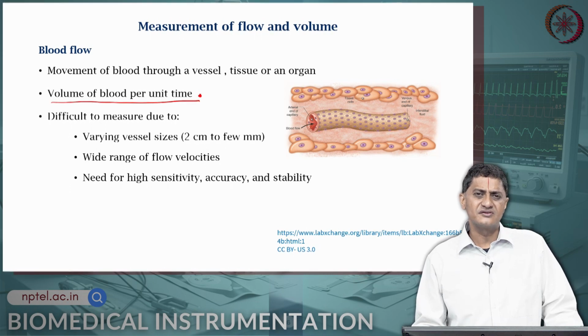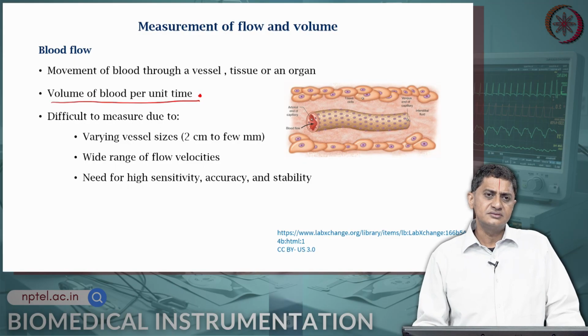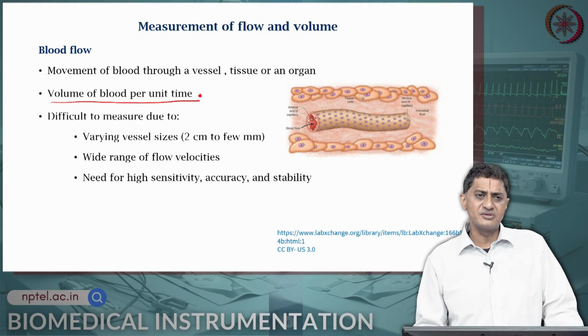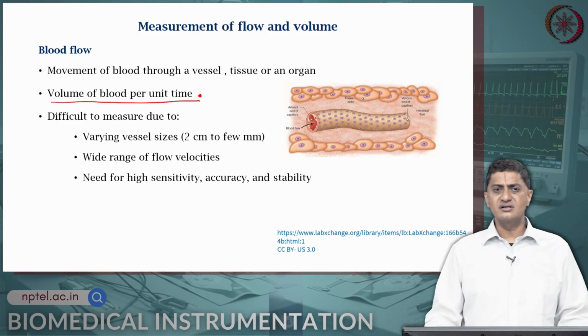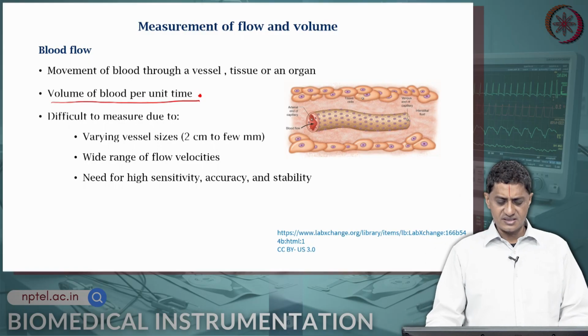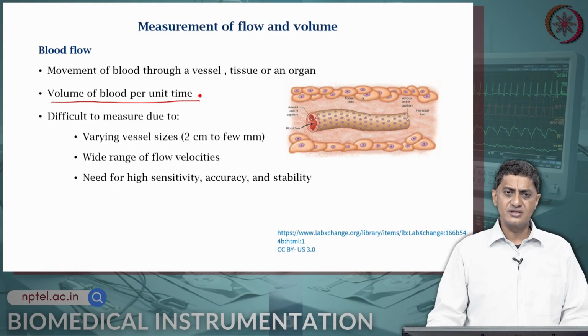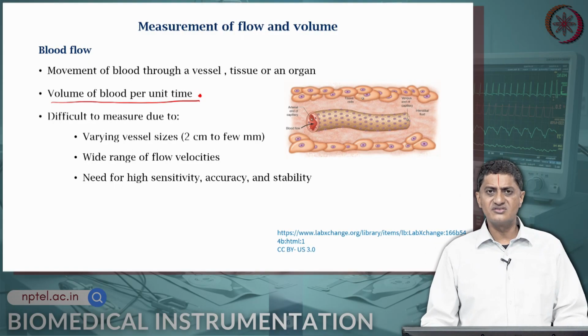So, there is a huge variation in the size of the blood vessels of interest. Also, the velocity of flow varies depending on where you are making the measurement. So, there is a wide range of flow velocities. There is a need for high sensitivity, high accuracy and reasonable amount of stability to make this measurement.